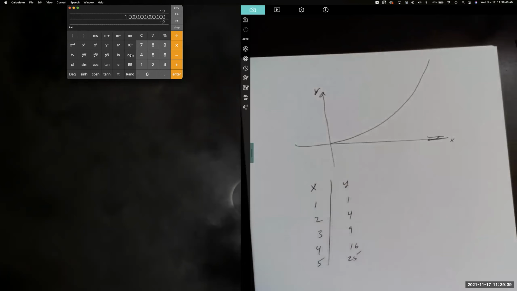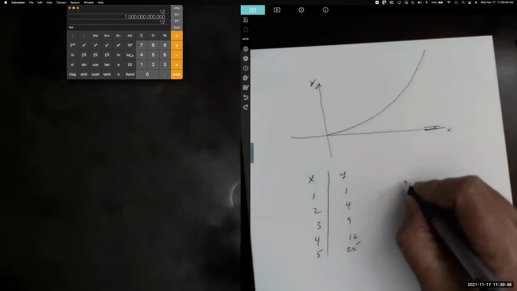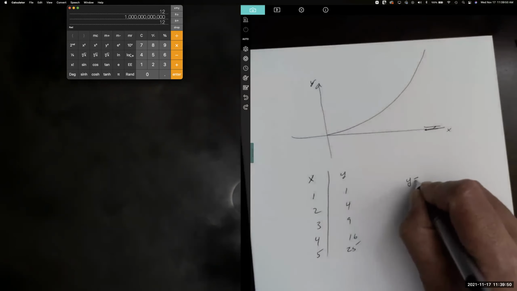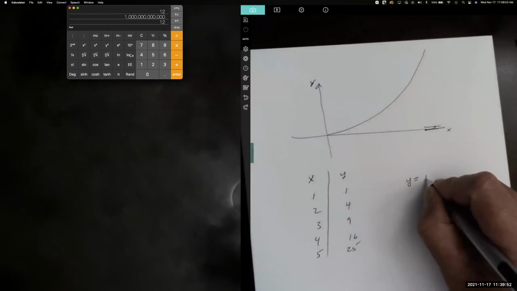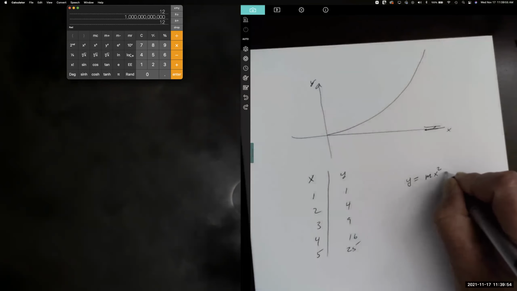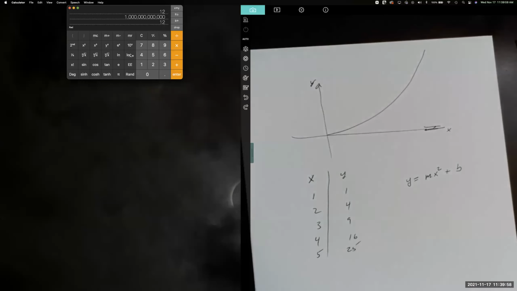But I might have something that's close to a quadratic and I want to understand it a little bit better. Or I might have a function that was y equals some factor m x squared plus b.